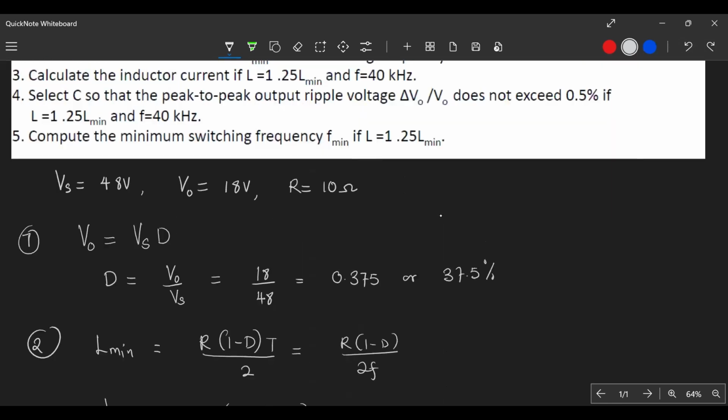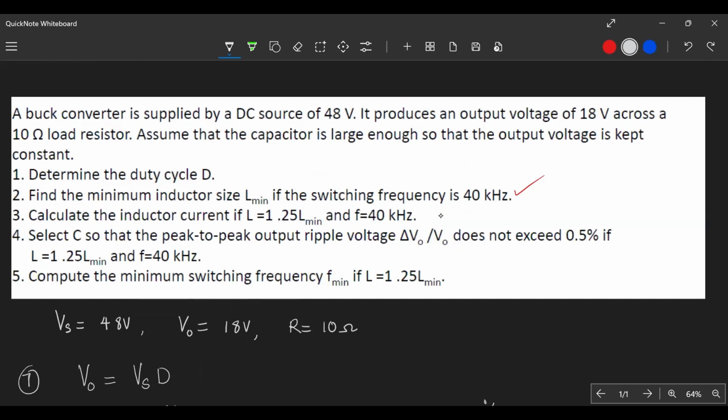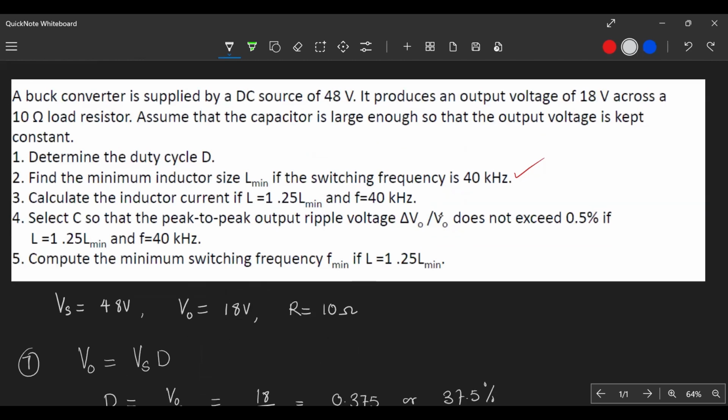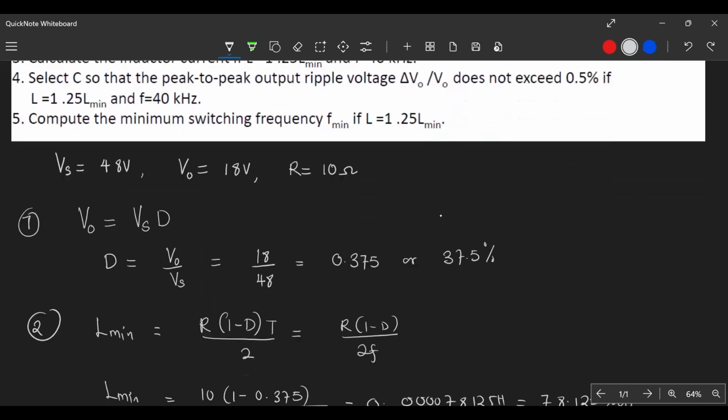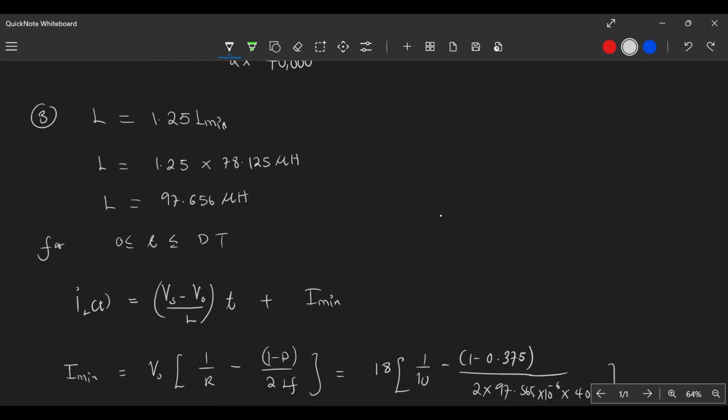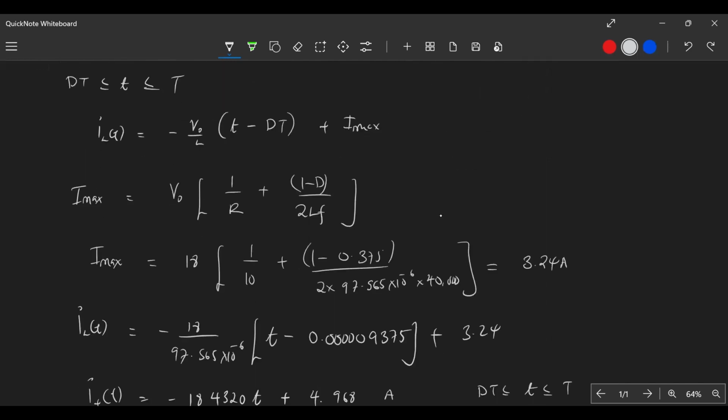What else? We also need to select C so that the peak-to-peak output ripple voltage does not exceed 0.5%, if L is equal to that and frequency equal to that. This one is also straightforward. We just need to use the formula.